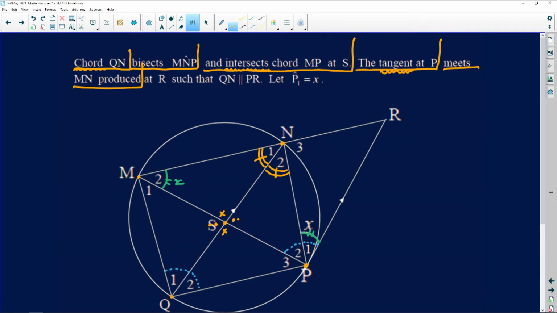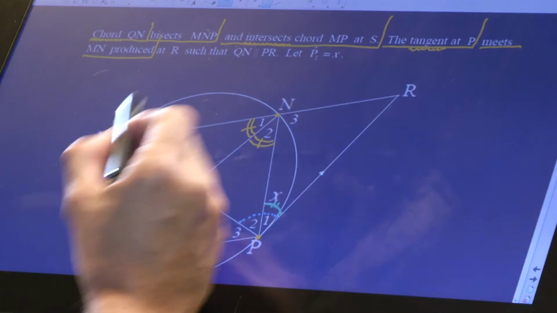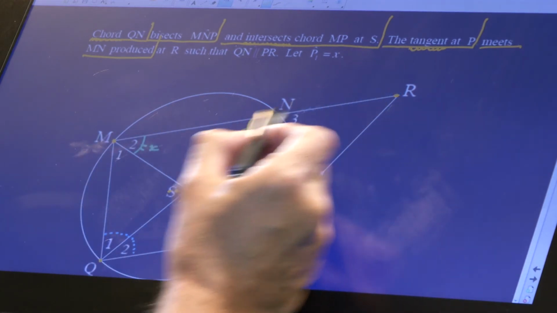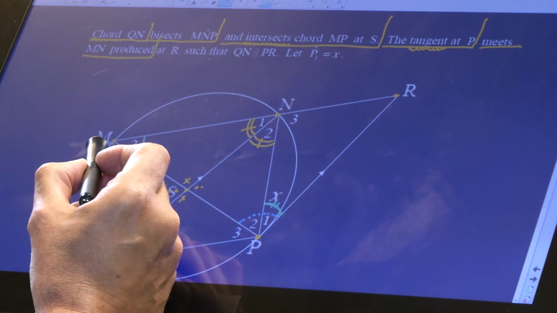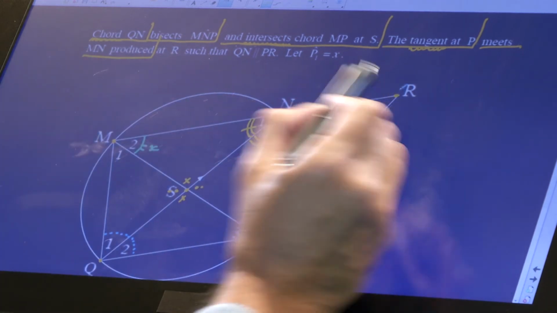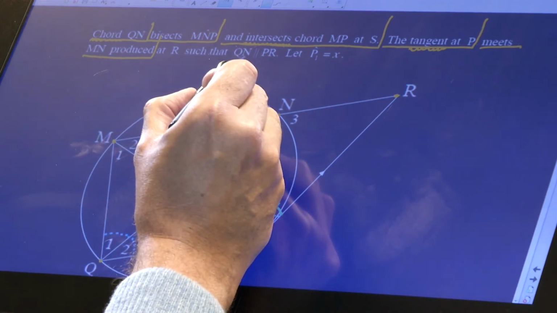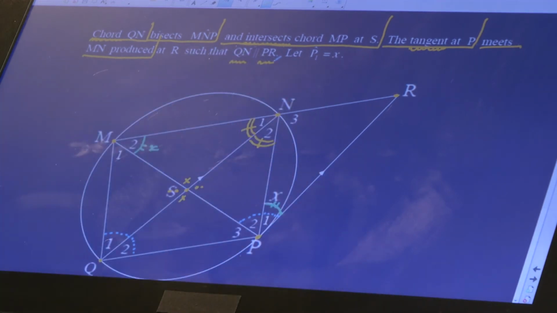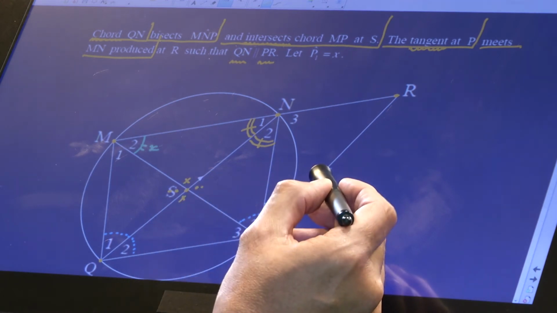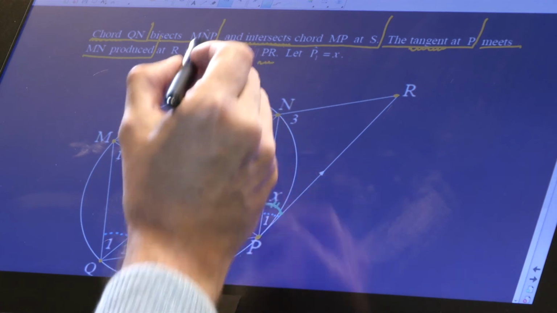It is produced to R. So they told us that that line is indeed a straight line. From M to R, we have a straight line. We'll come back to why that is important in a second. So it says it meets it at R, such that, and this is what I was burning to read, we could see that they were parallel because it was filled in on the diagram, but we have to read it as well.